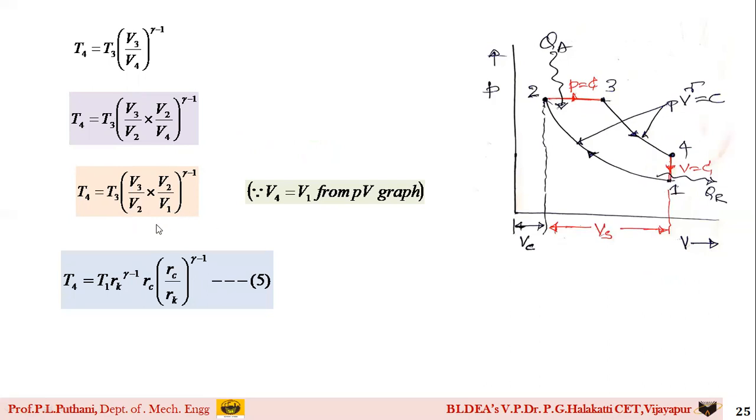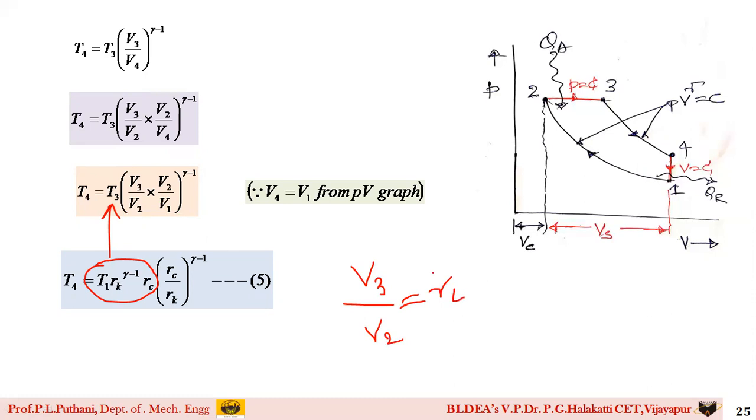So therefore, what do I get here? The value of T3, students. Whatever you can see here, this is the value of T3, which we have already determined. That is T1 RK raised to gamma minus 1 into RC is the value of T3. Now, V3 by V2 is what? It is RC. This I have written here, RC. Then in the denominator, what I have got is V2 by V1.